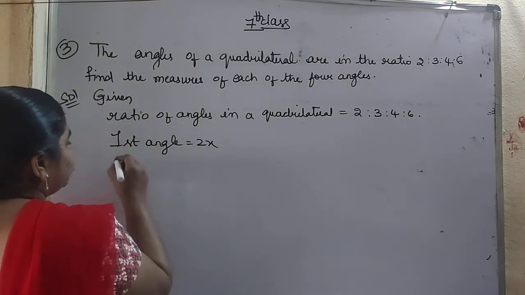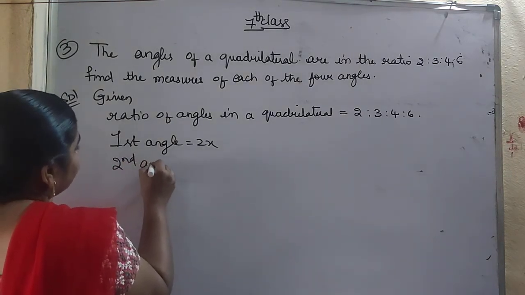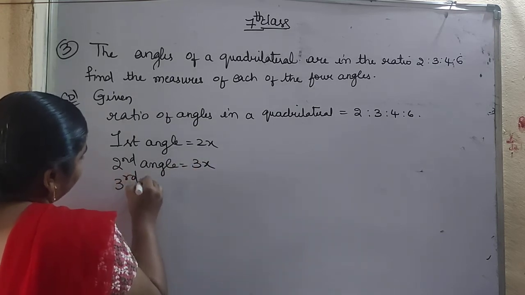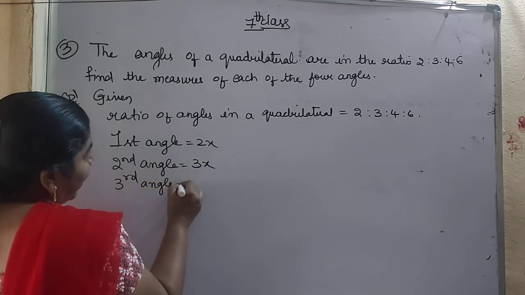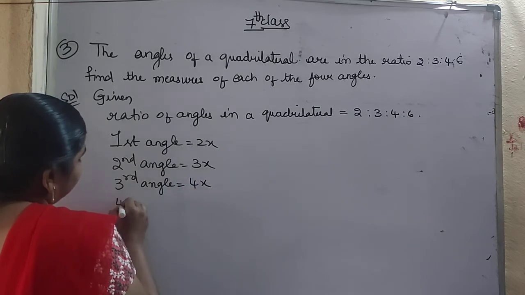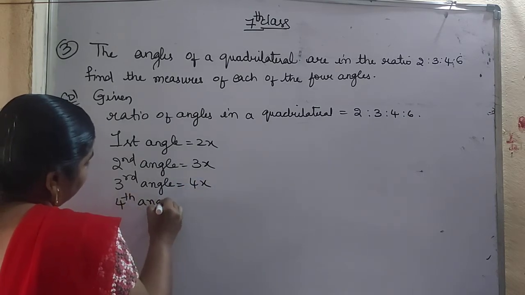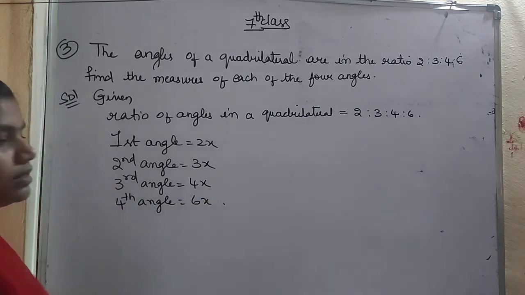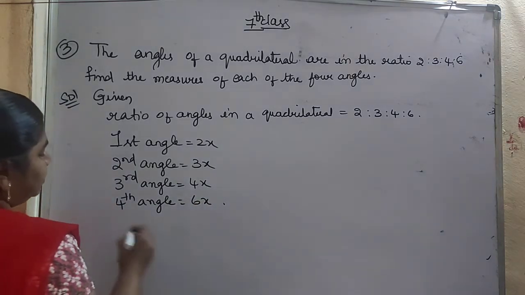So I am taking 2x. The second angle will be 3x, the third angle is 4x, the fourth angle is 6x.